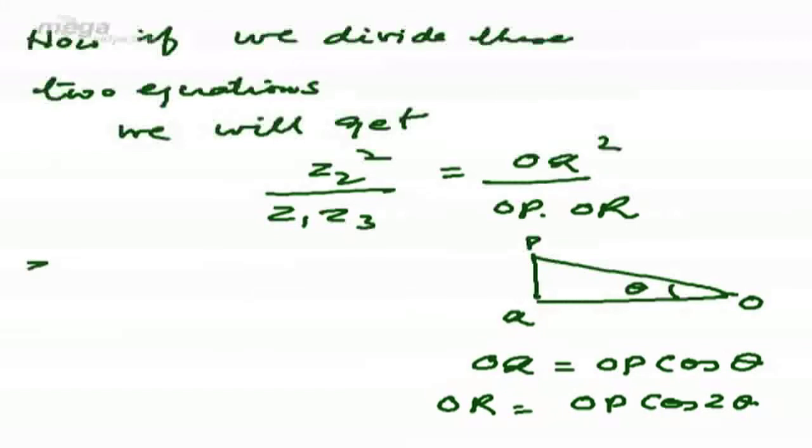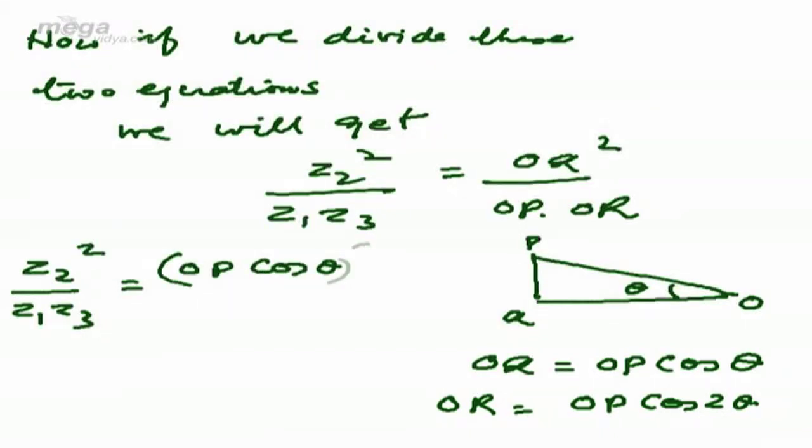So if we put the value, it will become Z2 square by Z1 Z3 is equal to (OP cos theta) whole square divided by OP into OP cos 2 theta.